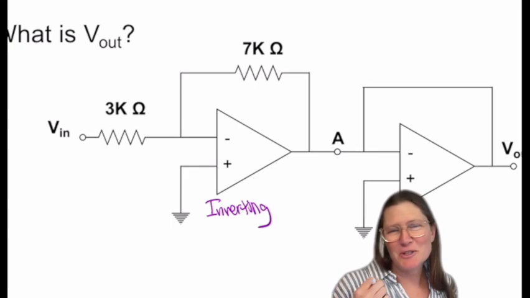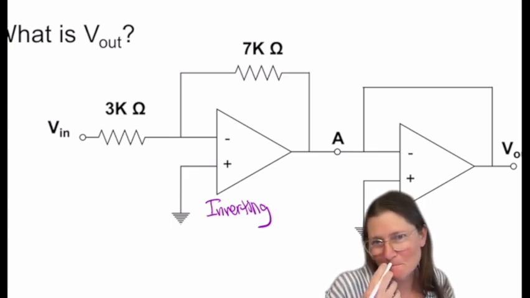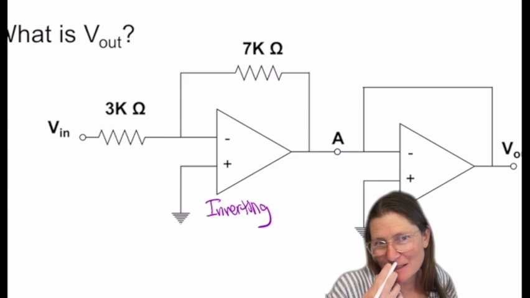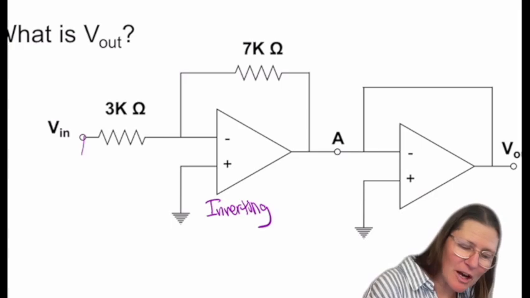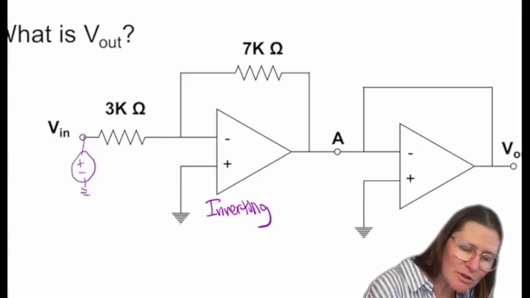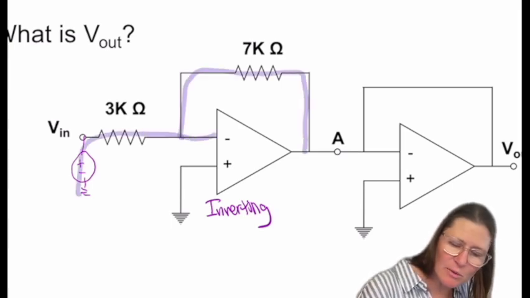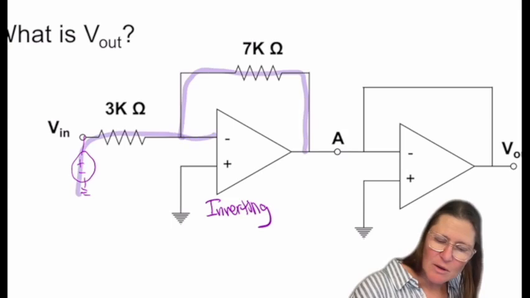Yeah, I see what you're saying. So this does have a pathway to ground, it's just through the input source. So this one has a pathway to ground. This one does not.